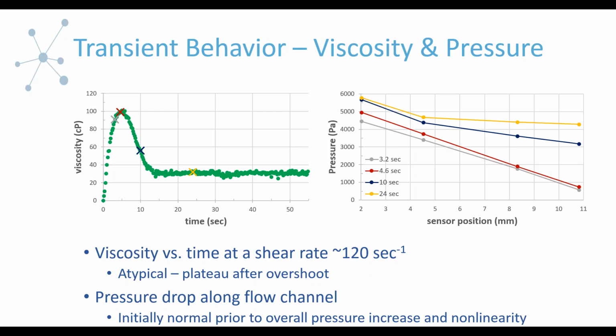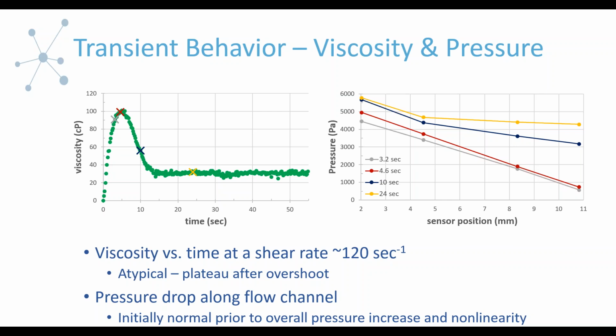And then we start to see this drift, where there's basically an overall pressure buildup in the system and we lose linearity. Remember, at the beginning when we were talking about the VROC technology, the idea is that if everything's going smoothly and as expected, your pressure drop across the flow channel will be linear with an R² value close to 1.